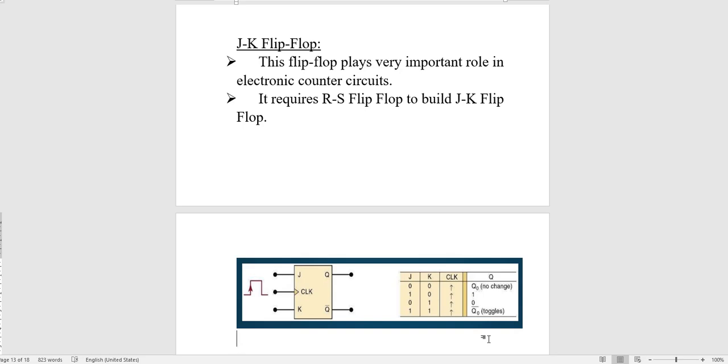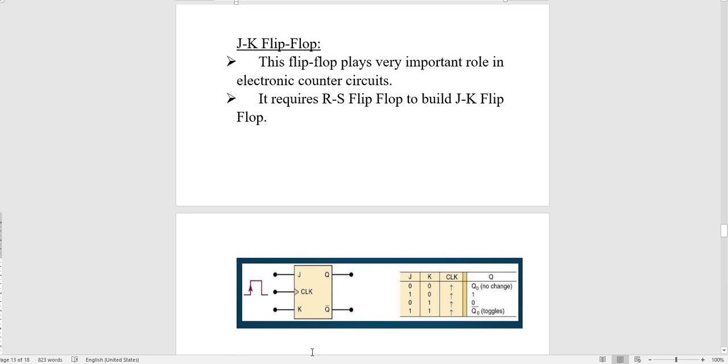In the JK flip-flop there is a toggle state in which your output changes to the opposite state at every clock pulse input.